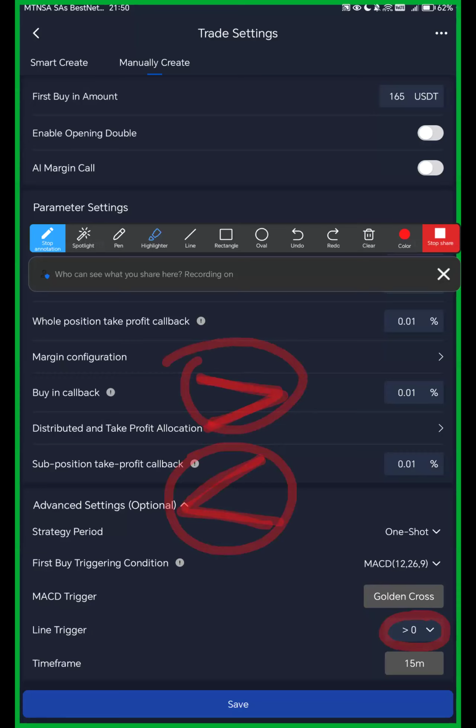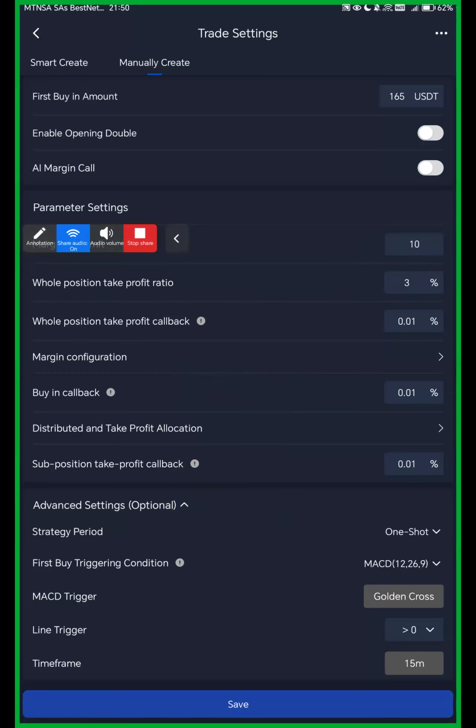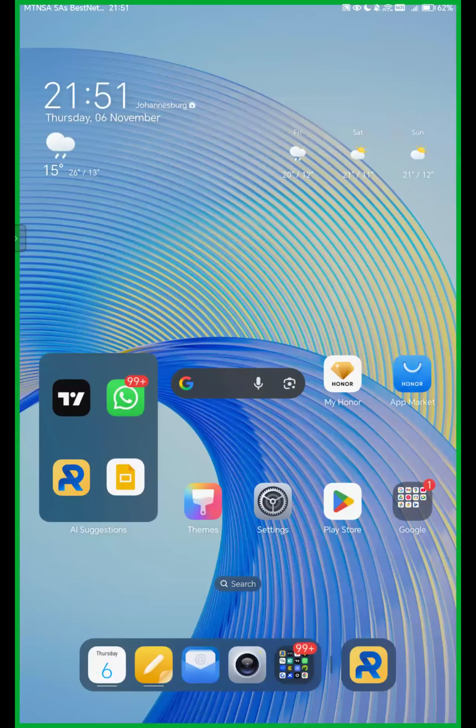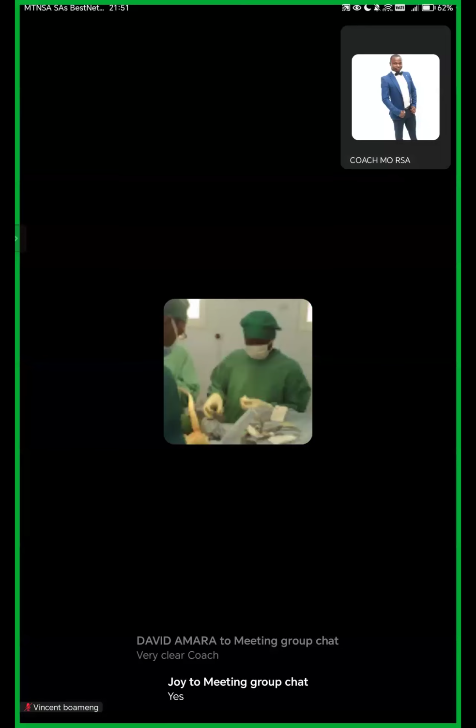Is that clear? When you tap here, can you see those two arrows, one pointing forward, one pointing backward? Is this clear? Let me come back to Zoom.